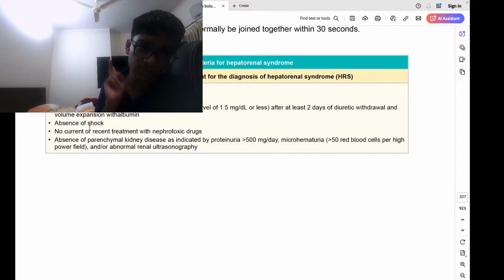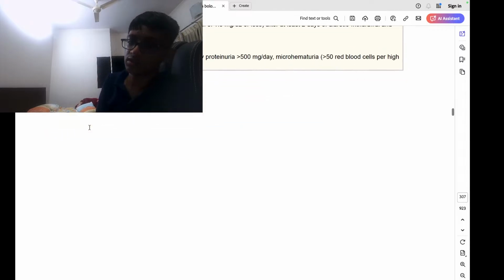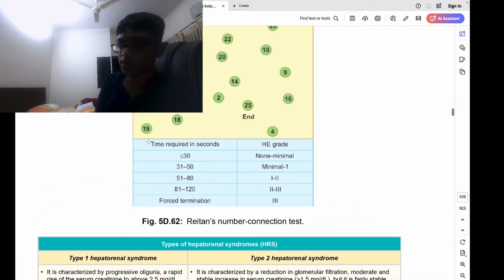Cirrhosis with ascites, serum creatinine more than 1.5, no improvement, decreasing to 1.5 or less after 2 days of diuretic withdrawal and volume expansion with albumin. Absence of shock, no nephrotoxic drugs, and absence of parenchymal kidney disease. And this is the number connection test.